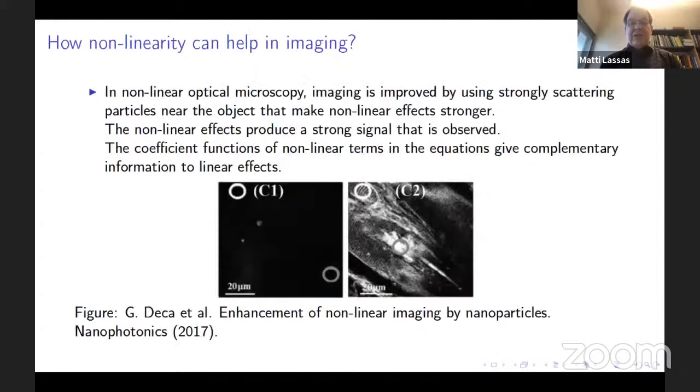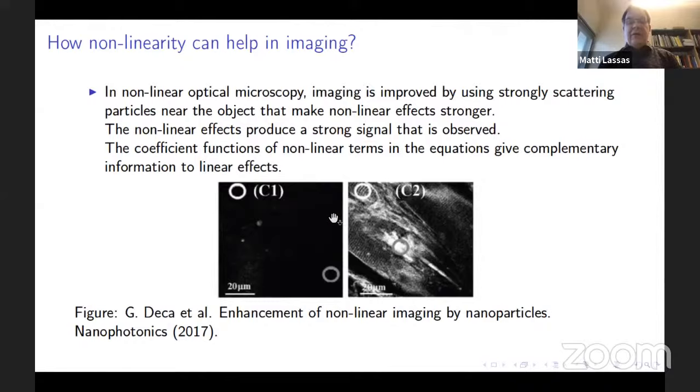Okay, so let's consider first the motivation. For instance, in nonlinear microscopy, that is a very recent tool, one uses nonlinearity as a positive effect. Here is an example where the nonlinear effect has been enhanced. This picture C1 is the usual microscopy picture.